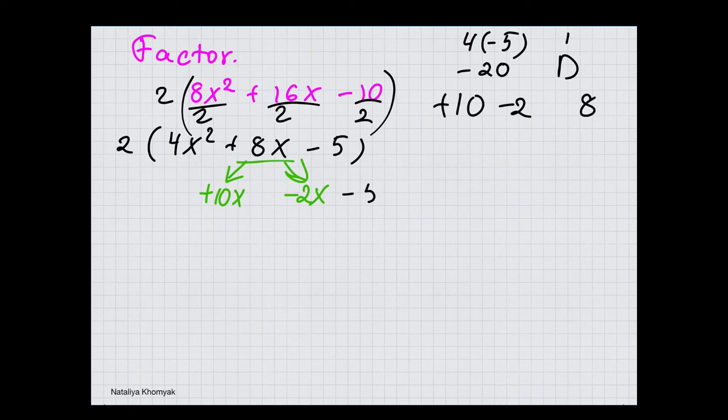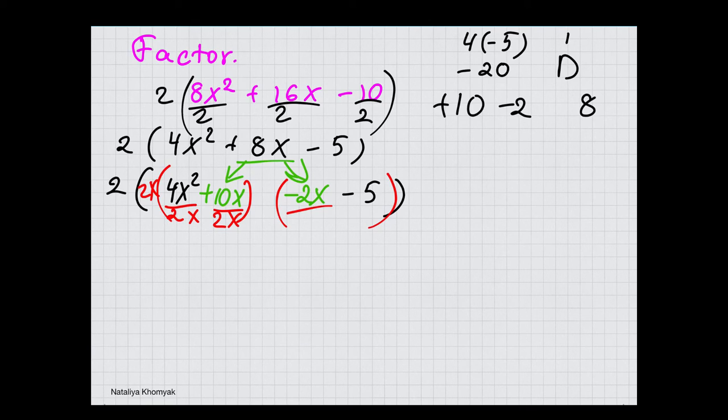Keep everything else as is. Let's factor these two. 4 and 10 can be divided by 2x. Here we need to take out the negative sign. We'll do it by dividing by negative 1.